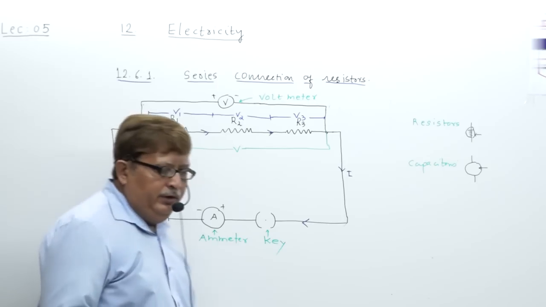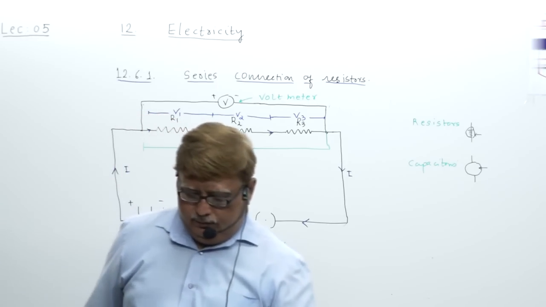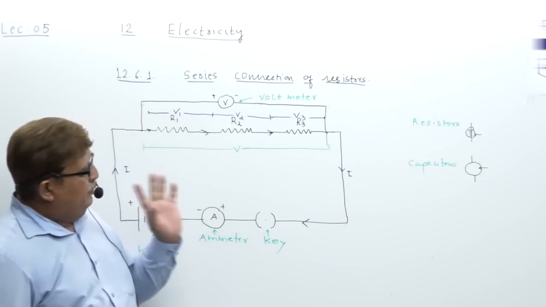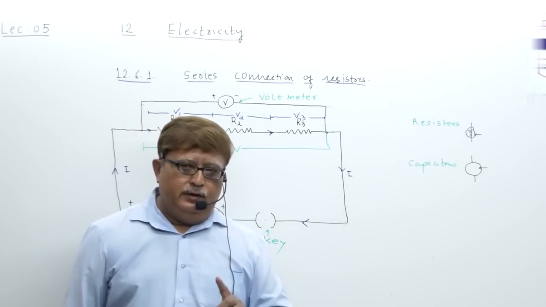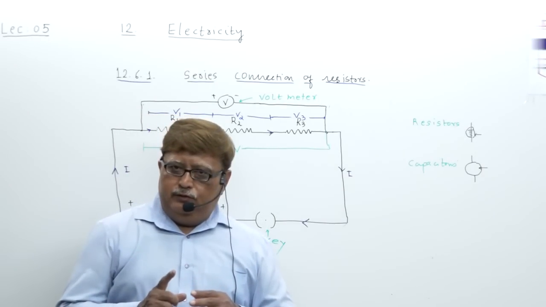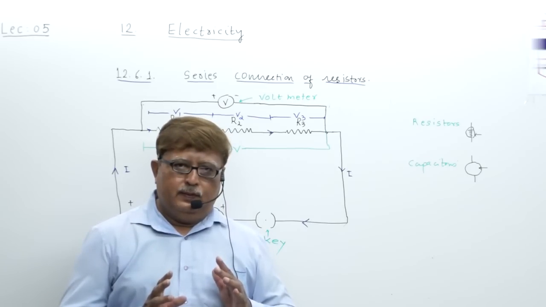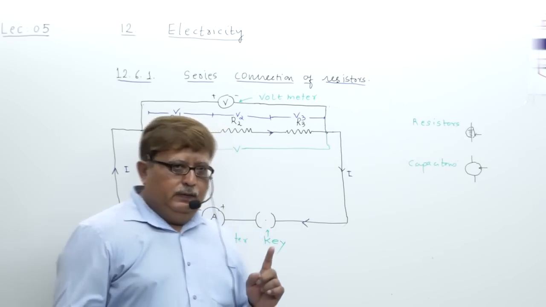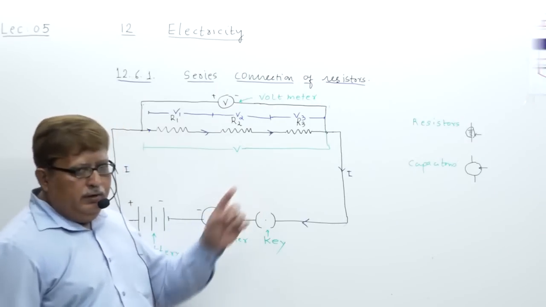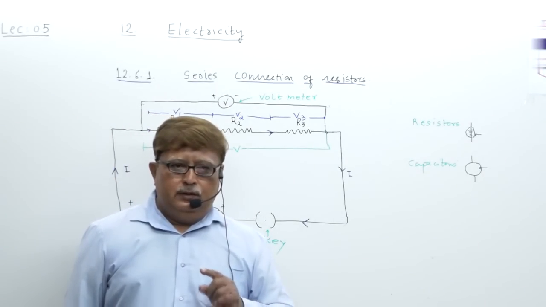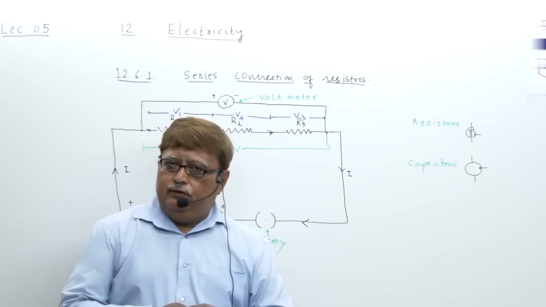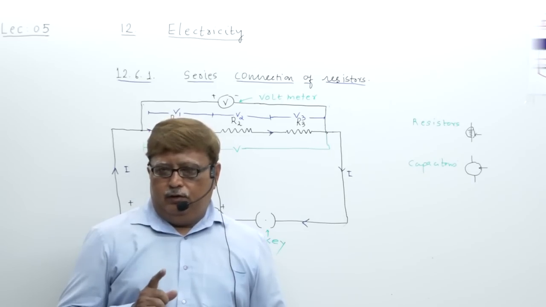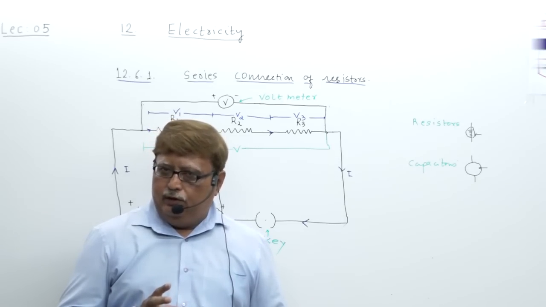What does it mean? Whenever resistors are connected in series connection, two properties you need to remember. First, the current flowing in all resistors is the same, equal.